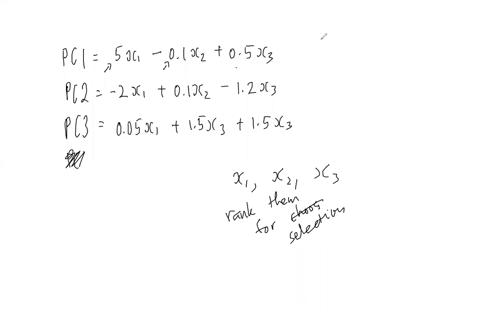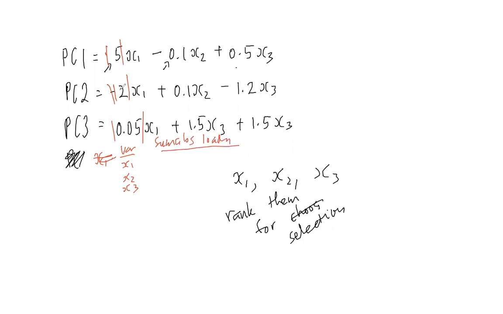Yes, you can do that. One way to do it will be like this. For variable 1, you take the absolute of the loading. So this is your variable X1, X2, X3, and you sum the absolute loading.